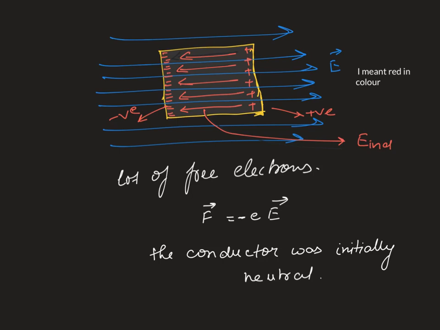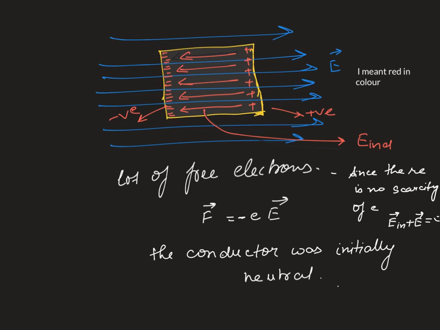Since there is no scarcity of electrons, the field is produced such that the induced field plus the original field becomes equal to 0.